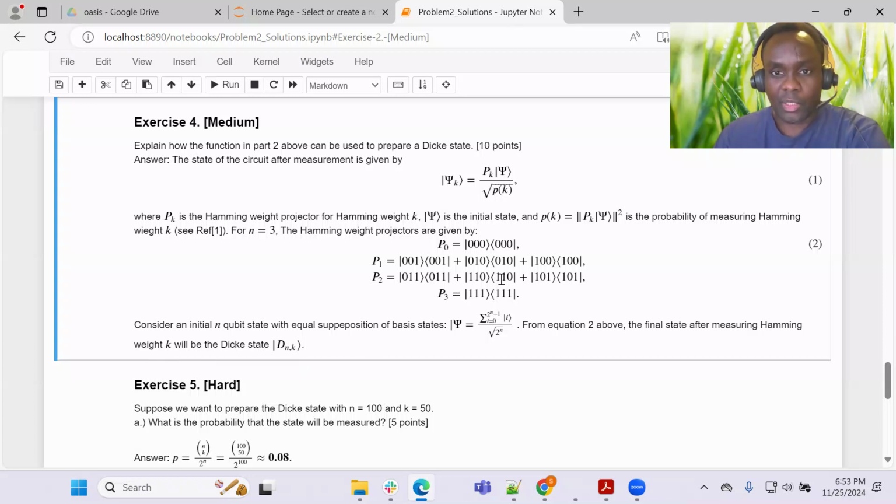So if you look at equations 1 and 2, if you measure Hamming weight 3, you just pick P3 here. So you're only choosing decay state N3. If you measure Hamming weight 2, the state will be decay state N2. This is clearly seen from equations 1 and 2 here. So that's how you can use this quantum circuit to prepare decay states.